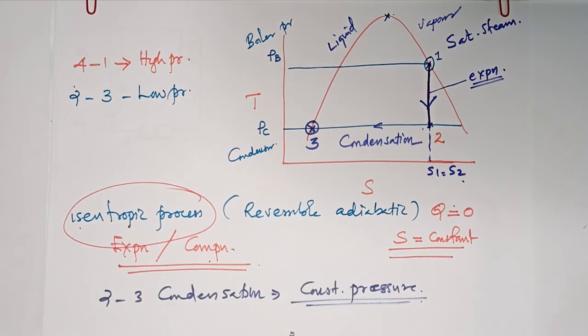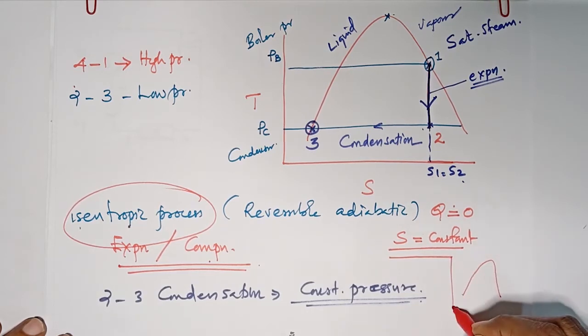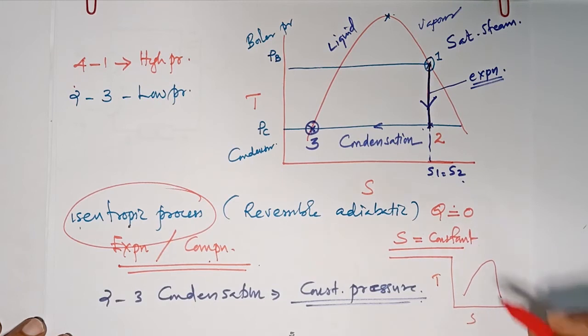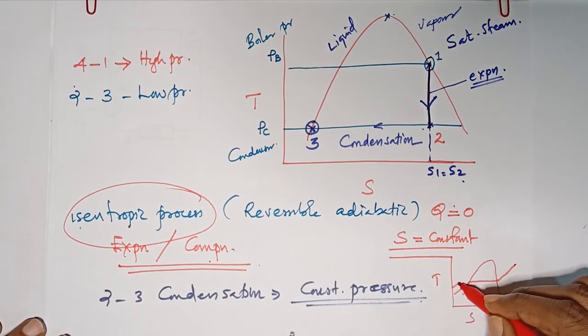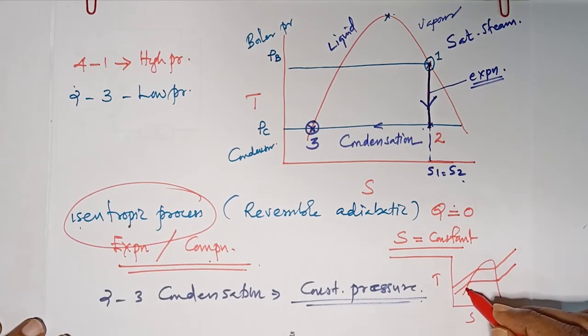Again, next process is, let us see that. Before that I'll tell you the constant pressure lines. How are the constant pressure lines in a TS diagram? In a TS diagram, the constant pressure lines will be like this. This is the constant pressure lines in a TS diagram.